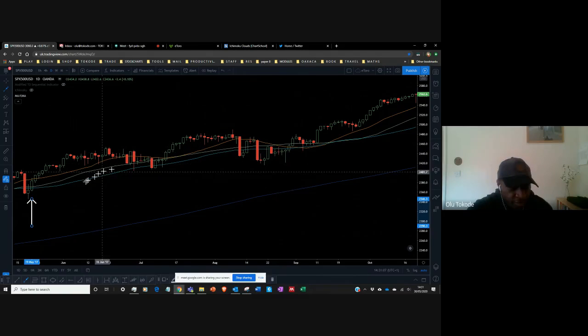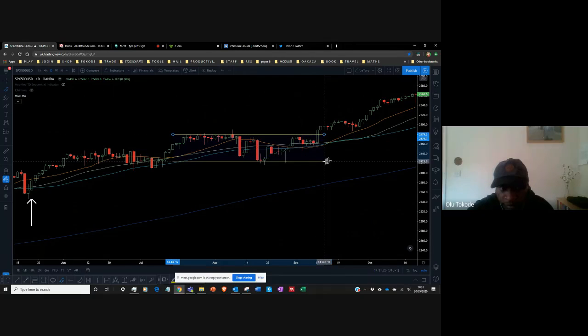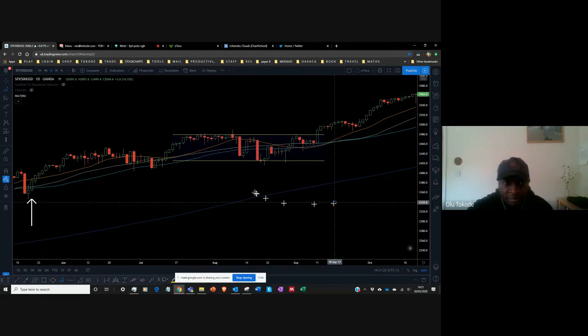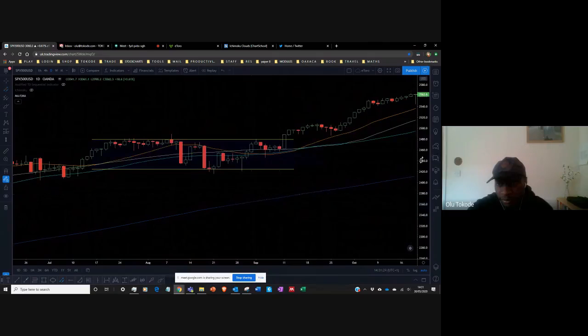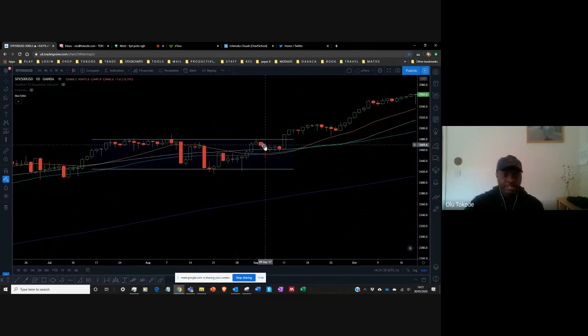If I draw a line, you'll see what I mean here. Let me draw a channel here. Look at this. This is simply a consolidation. It's not like the S&P is going bearish.